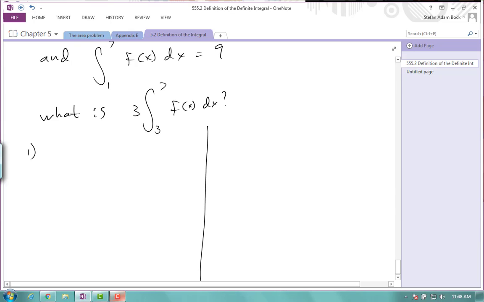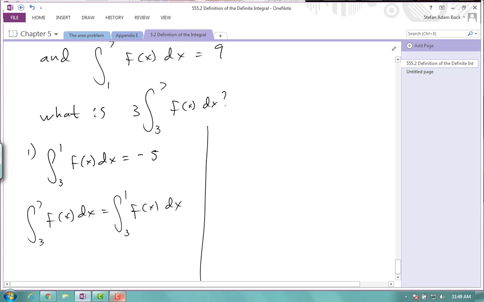I could say I need to start at 3 and go to 7. So the integral from 3 to 1, for example, of f of x dx, this would be equal to -5. And the integral from 3 to 7 of f of x dx would be equal to the integral from 3 to 1 plus the integral from 1 to 7, because I start at 3, go to 1, and then go from 1 to 7.